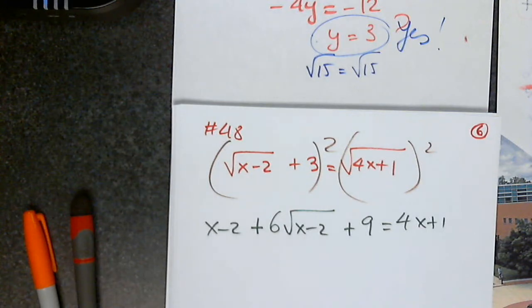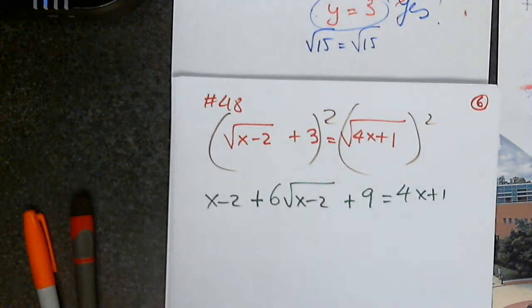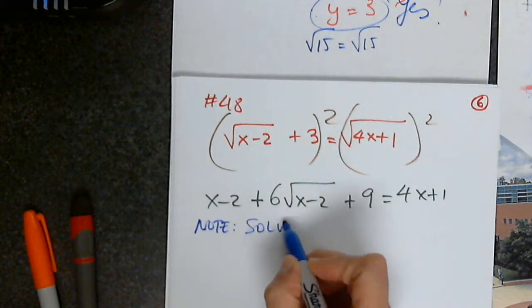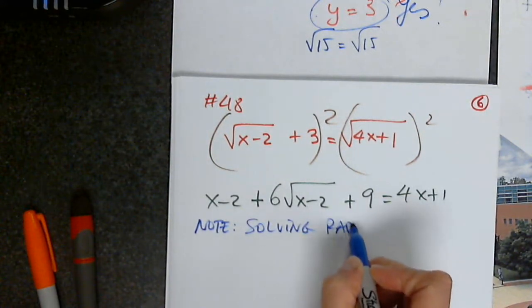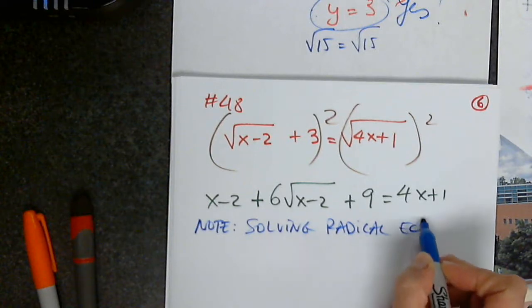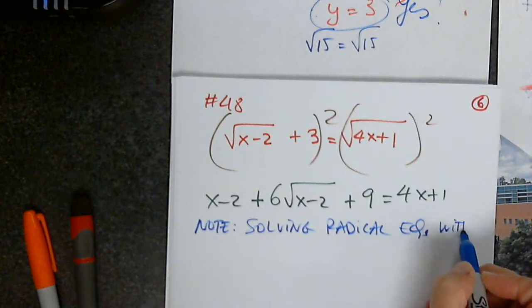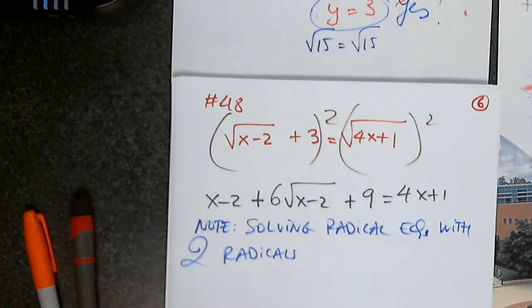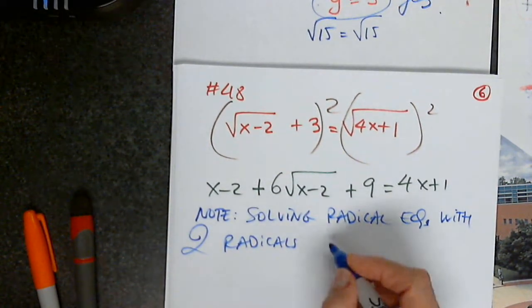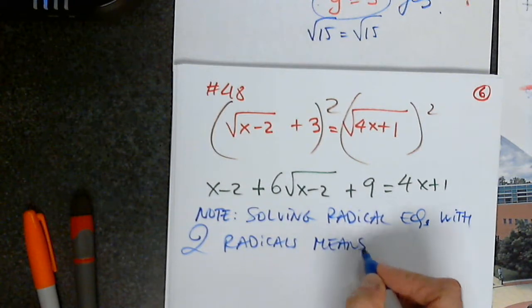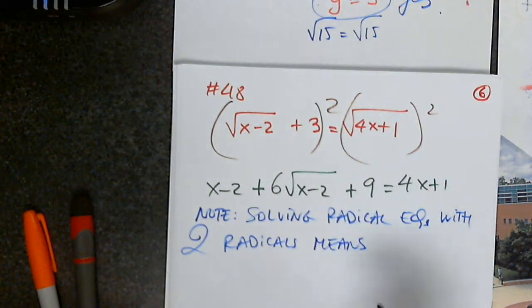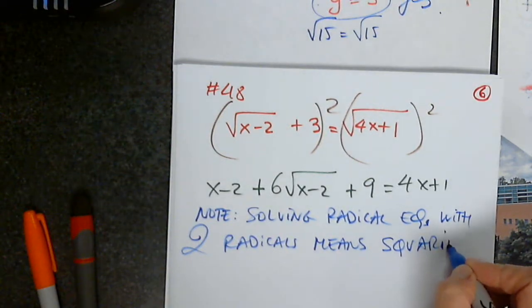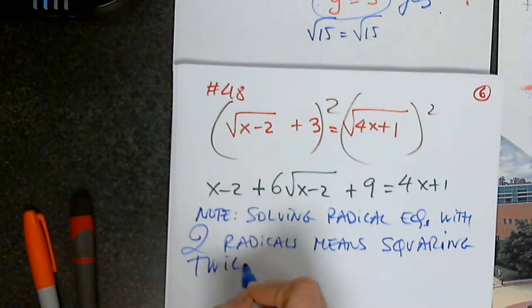So here's our first note. Note: solving radical equations with two radicals means, or involves, squaring twice.